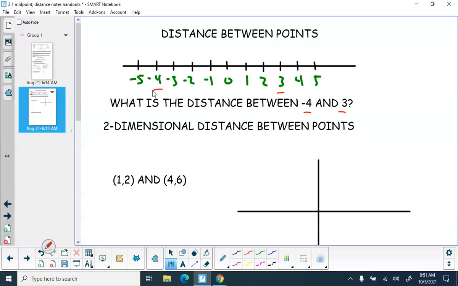Okay, so if we take a look at what we have here, I have a value of 3 and I have a value of negative 4. Obviously, if I go 3 plus a negative 4, I'm not going to get the 7. Okay, if I add those two together, I'm not going to get the 7.